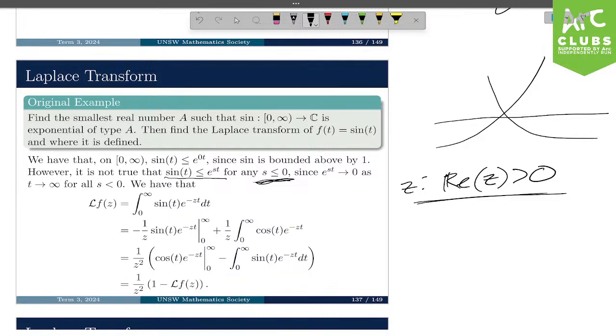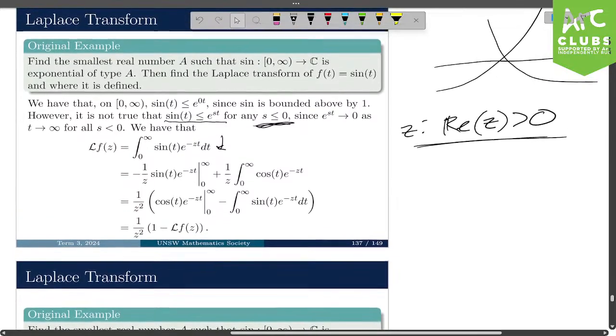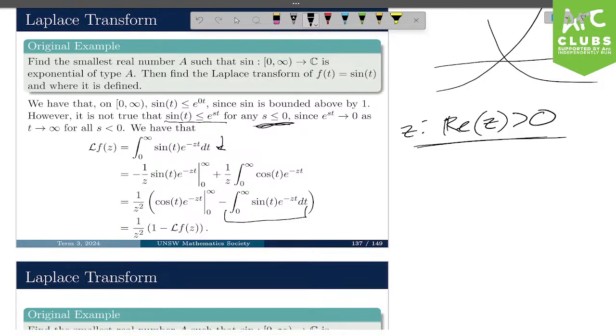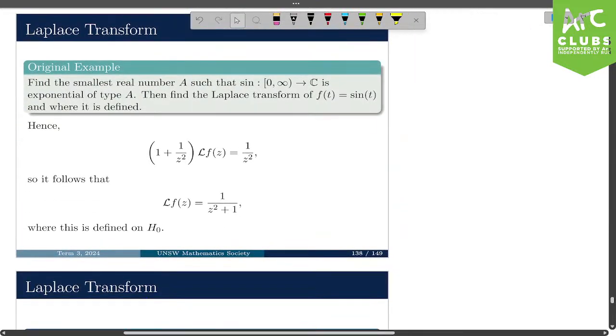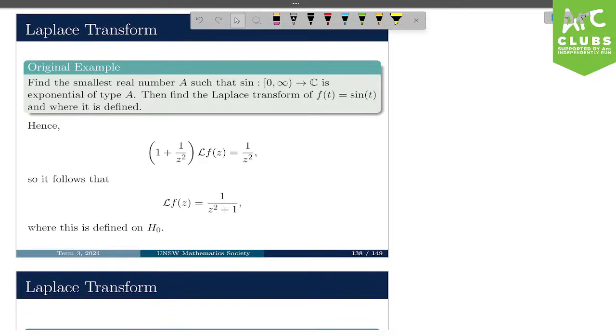Now we can go ahead and perform the transform, which is just going to be integration by parts. Not too much to elaborate on that. You perform integration by parts twice, so that you can use the funky little integral formula trick and put the result in terms of my initial integral and then just refactor it. To get that, the Laplace transform of sine is just given by 1 over z squared plus 1, on the right half plane. Fantastic.